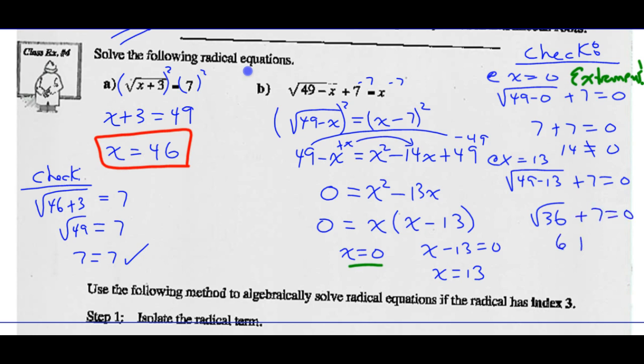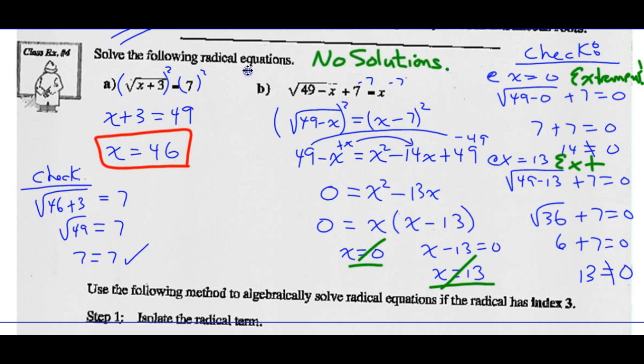The square root of 36 is 6. 6 plus 7 is 13. 13 doesn't equal 0. So another extraneous root. So both of these don't work. I would say for this equation, there are no solutions. We checked them both and nothing worked. No solutions for this equation.